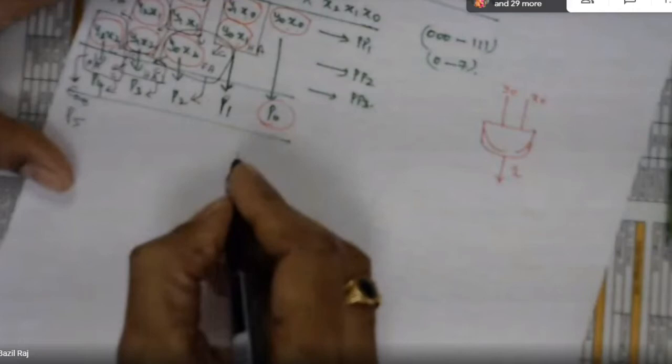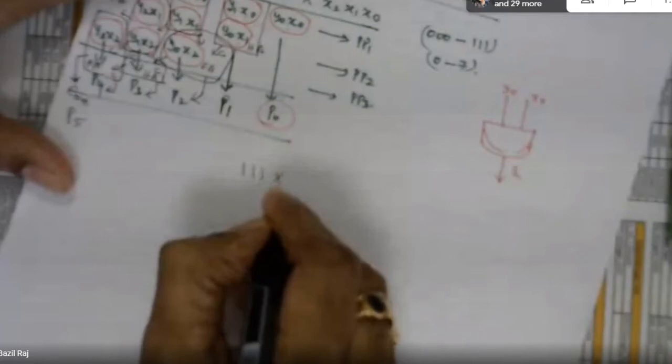I am multiplying now 1, 1, 1, 1 with 0, 1, 1, plus 1, 0, 1, plus 1, 1, 1, plus 1, 0, 1. This is the result now. This is 7, this is 6. What is the result now?